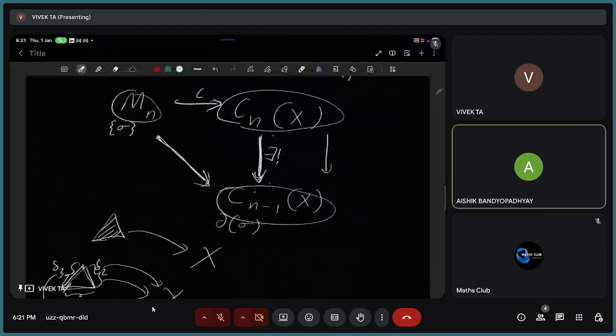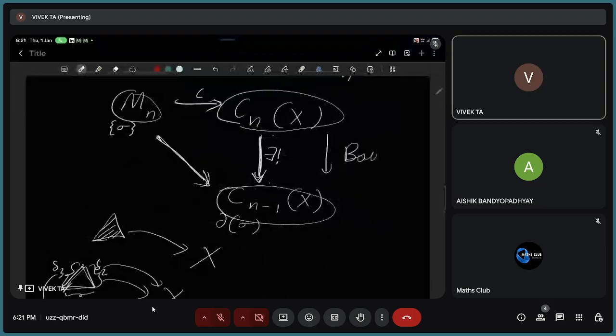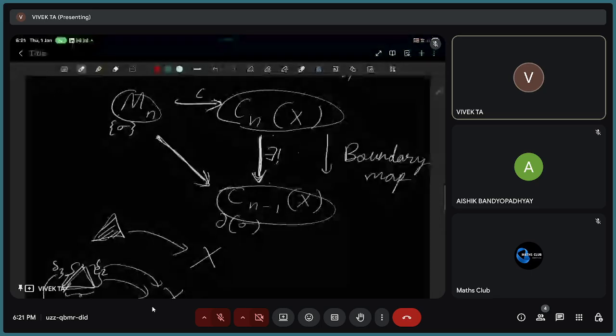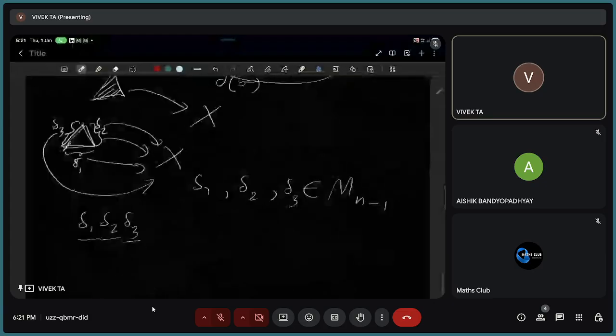And this is called a boundary map, which I'll denote again as dou in general. Here we only knew what dou meant for singular sigmas. Now we know what dou means in the context of free groups.